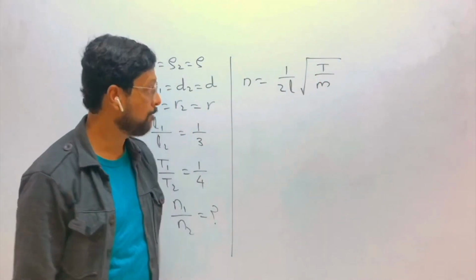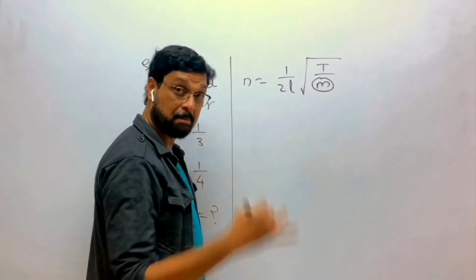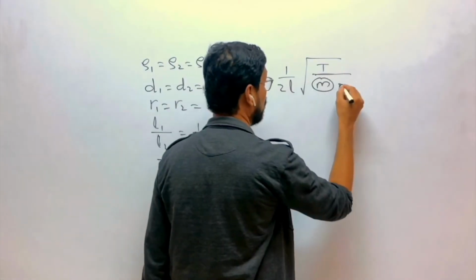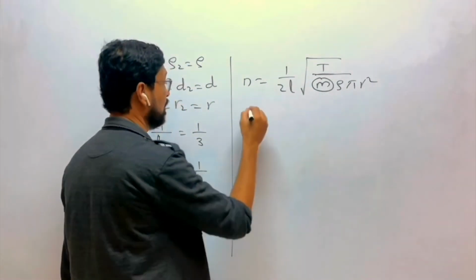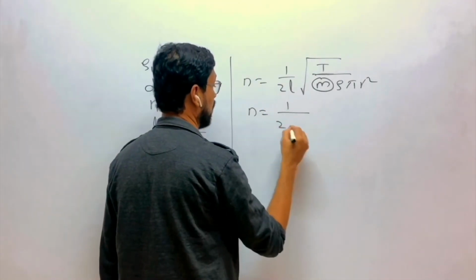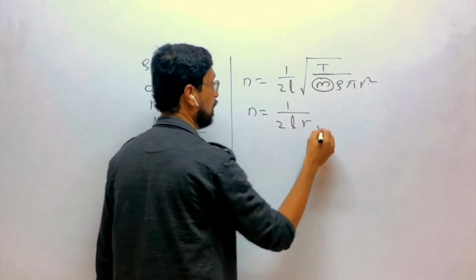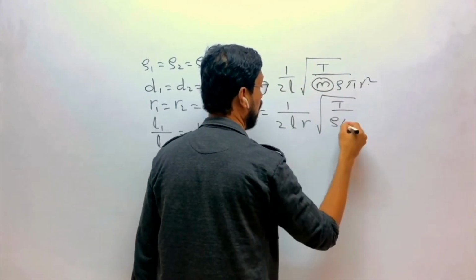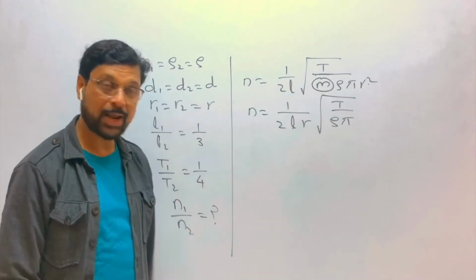If you remember, this m, mass per unit length, we wrote it as rho pi r square, and you can say N is equal to 1 upon 2L into r square बाहर आया under root T upon rho pi.